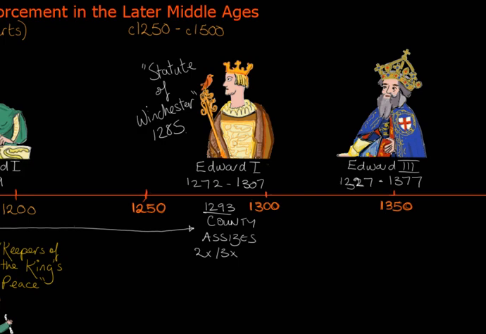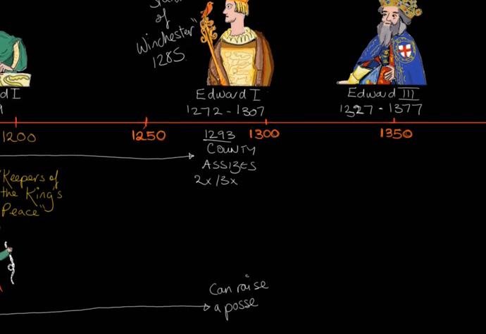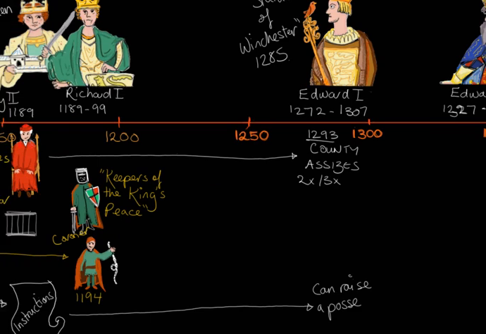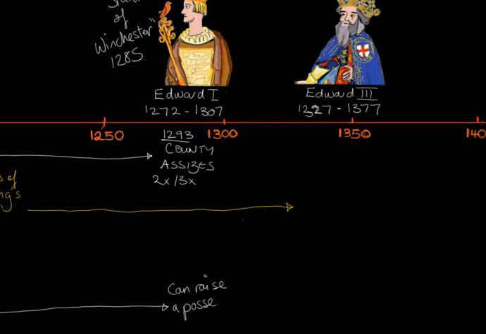Now, when he first takes power in 1327, he continues with this idea of keepers of the king's peace, because he judges that they should be in every area, and he states that they should be people who are considered to be good and lawful men.